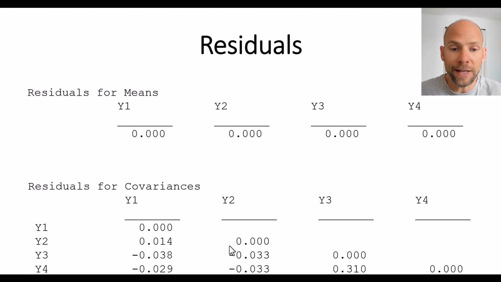However, the off-diagonal elements of the covariance matrix, which indicate bivariate covariances between different variables, are not all 0. Most of them look like they're close to 0, but there's one here that's 0.31, which you could think, oh, maybe that's also pretty small.